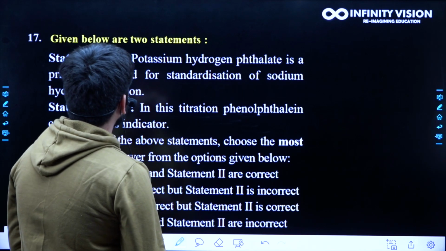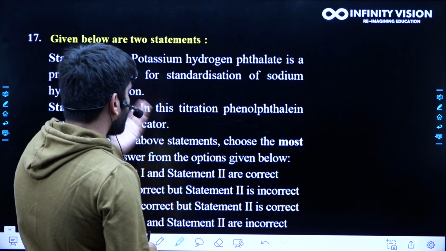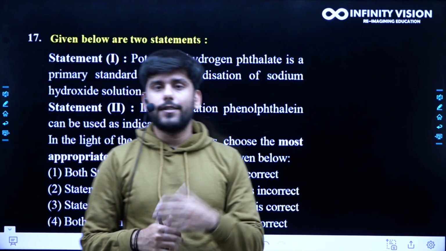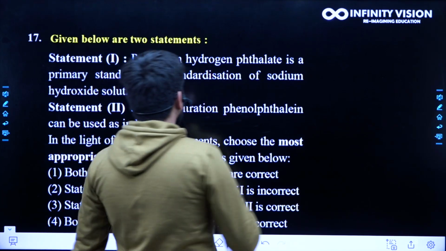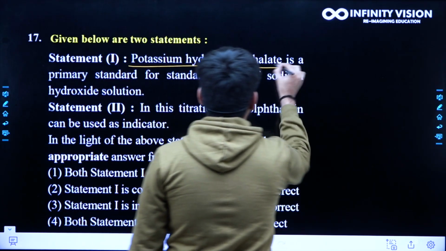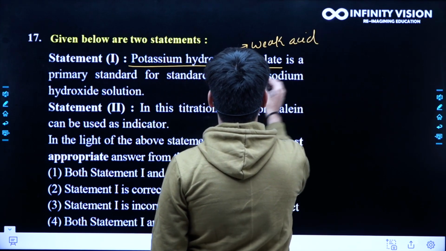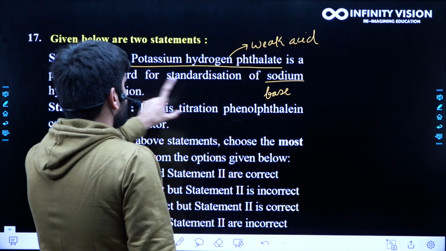Statement number 1: potassium hydrogen phthalate is the primary standard for standardization of sodium hydroxide solution. So if you have visited your chemistry lab, yes, this is absolutely correct, right? Potassium hydrogen phthalate is a weak acid, and you know NaOH is a base. So yes, it is used as a primary standard.